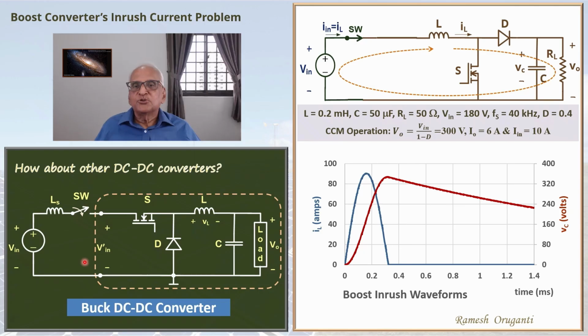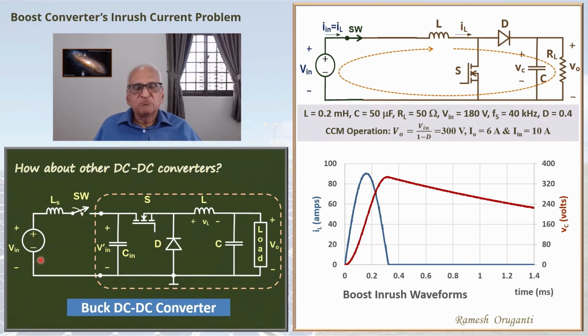So what do you need to do? You need to put a filter capacitance here so that this L and C together will handle the chopped input current, and you will get a reasonable DC voltage here. And now when you turn on the switch, this capacitor has to be charged from 0 volts to Vin. So that will give rise to an inrush current.